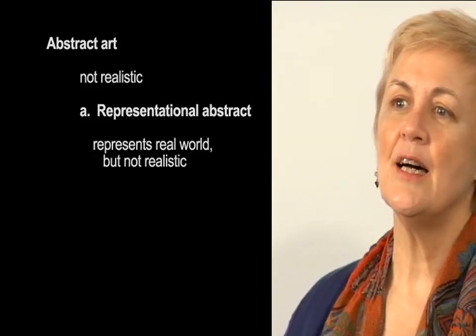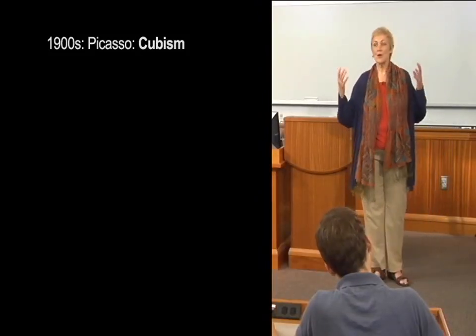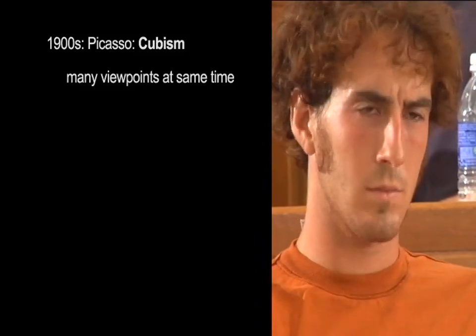In the early 1900s, Picasso started to experiment with representational abstract art. He and other artists developed a kind of art called Cubism. Now, one goal of Cubism was to show something from different viewpoints all at one time.